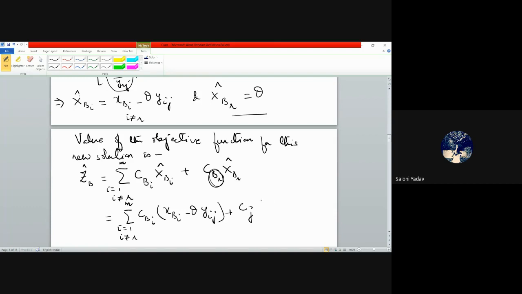Aj. That means the vector that came into our basis in place of BR is Aj, because we removed BR and entered Aj, and the corresponding variable to Aj was Xj, and what was the coefficient in the objective function to Xj? Cj. So I can write it as Cj theta. Is this okay? Yes or no?